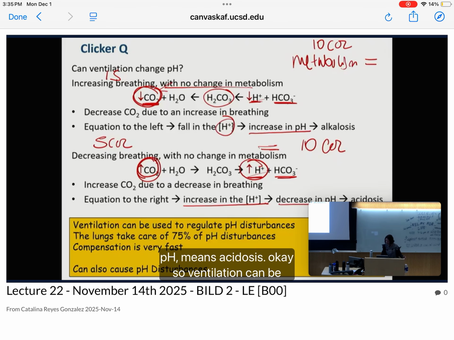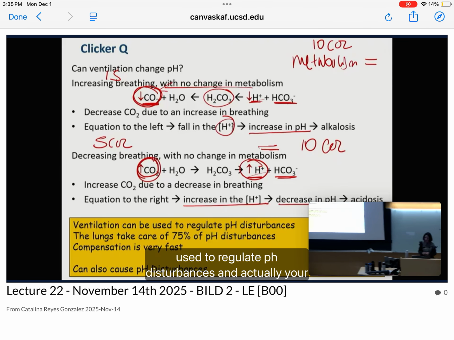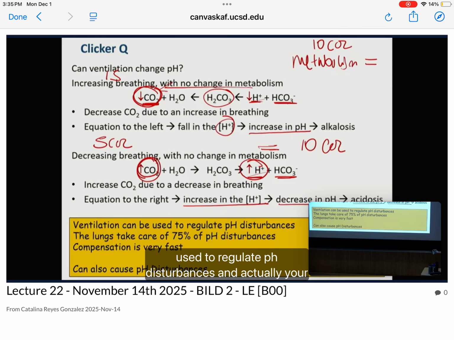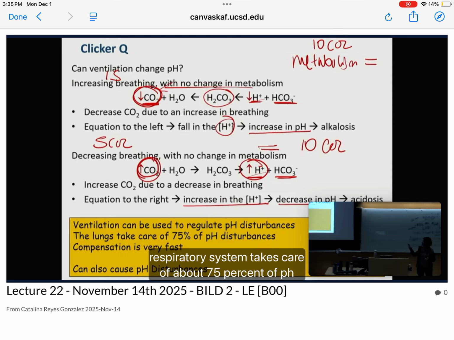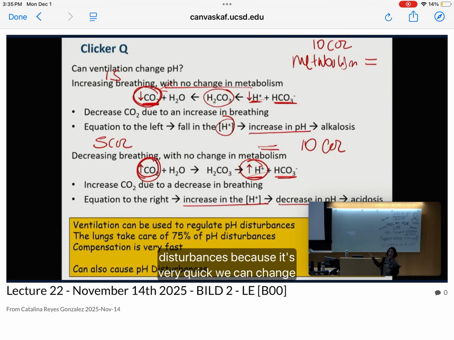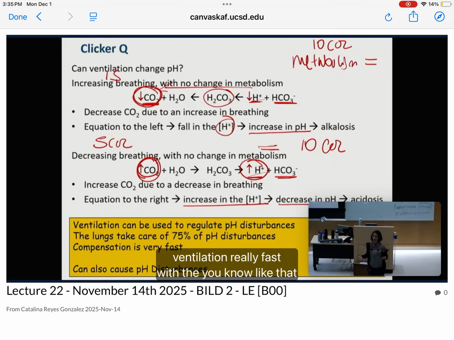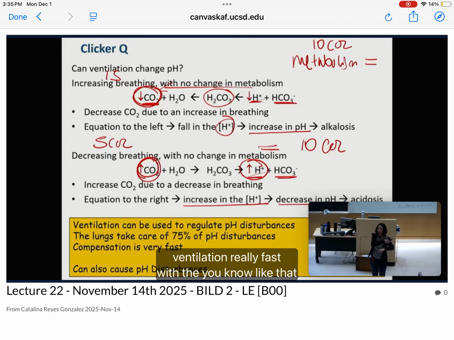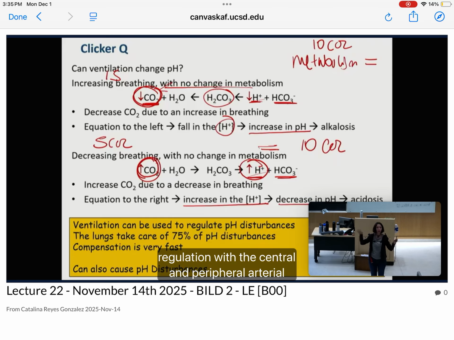Okay? So ventilation can be used to regulate pH disturbances. And actually, your respiratory system takes care of about 75% of pH disturbances because it's very quick. We can change ventilation really fast with that regulation with the central and peripheral arterial chemoreceptors.